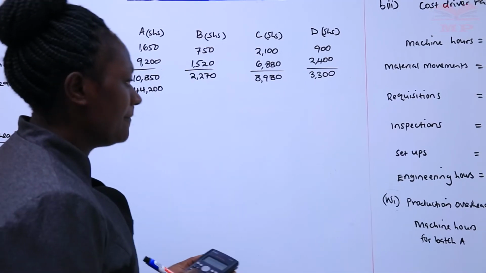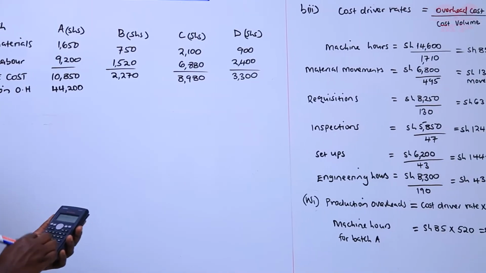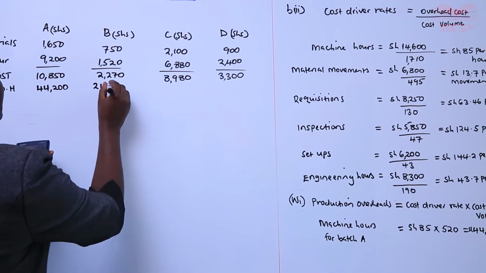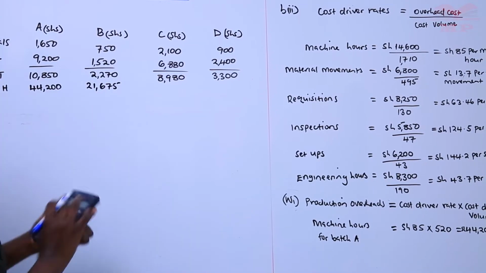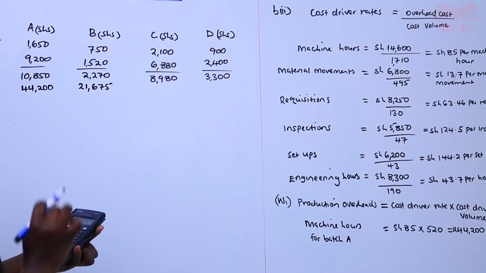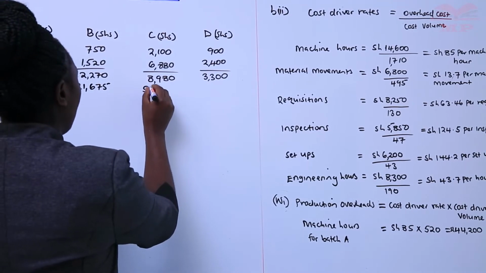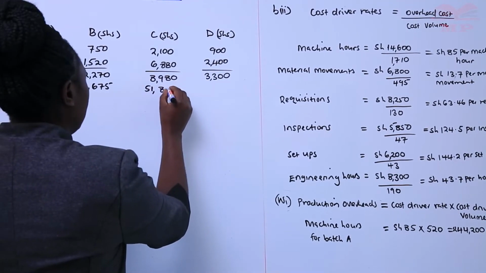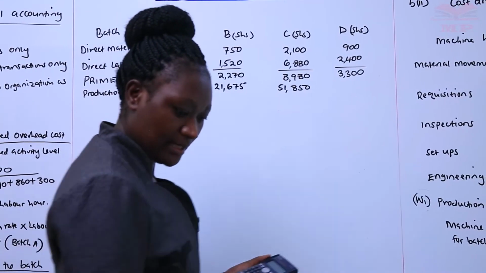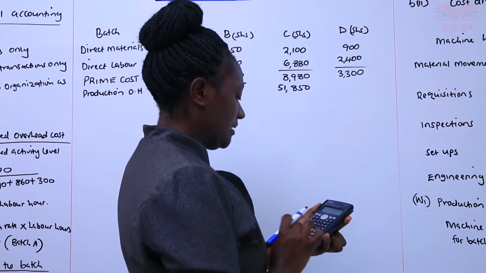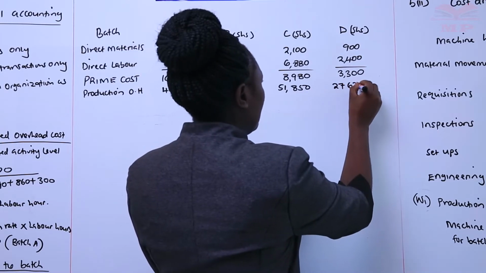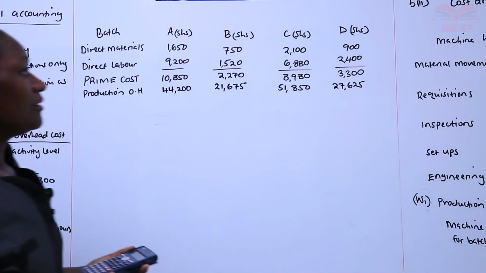We multiply by the cost driver rate for machines, which is still 85 shillings, and this will give us 21,675. Then the machine hours for C is 610 times 85, which gives us 51,850. And for D, the machine hours are 325. You multiply by 85, which will give us 27,625. That's based on machine hours.